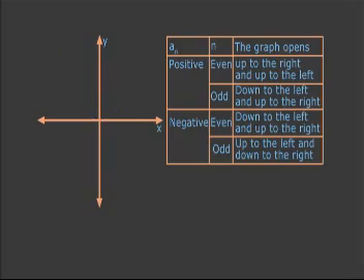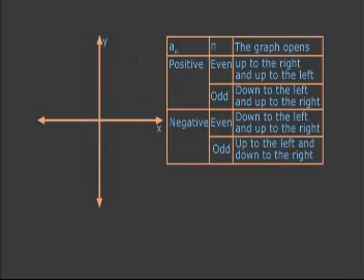If the leading coefficient is positive and the exponent is odd, the graph opens down to the left and up to the right, as seen here.